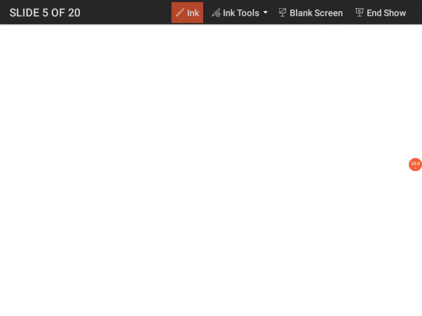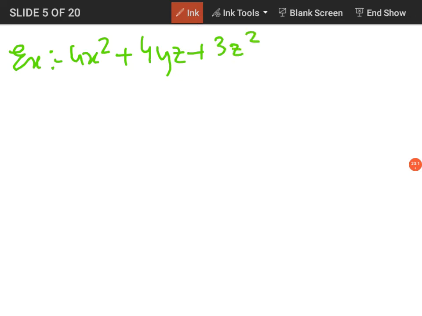Okay, so I was talking about this example, 4x square. Now can you tell me, is this a homogeneous polynomial? Is this a homogeneous polynomial? No. Why? Because see, here are three variables x, y and z.